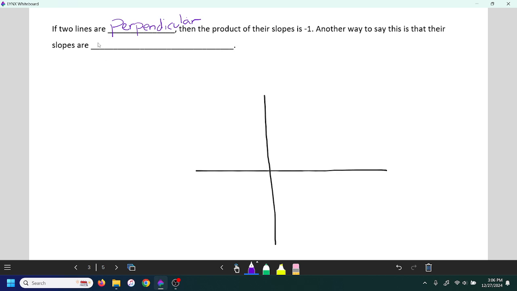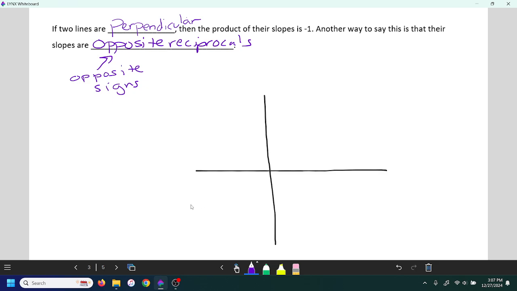So sometimes we say that the slopes of perpendicular lines are opposite reciprocals. The word opposite meaning they have opposite signs. One's positive and one's negative, and then the number part, like if you ignore the signs, those are reciprocals.